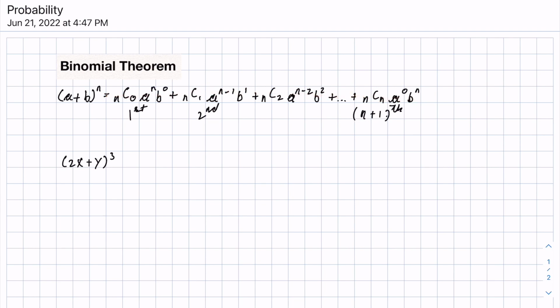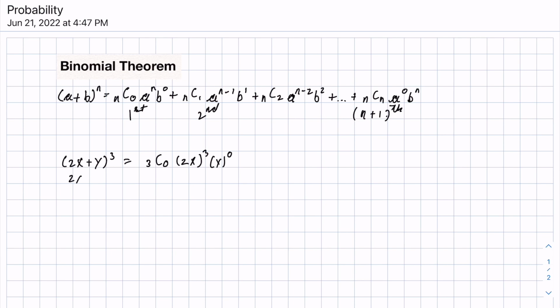Let's start. The first term will be, n in this case is 3, so it'll be 3 choose 0, with 2x taken to the power of 3, and y taken to the power of 0.